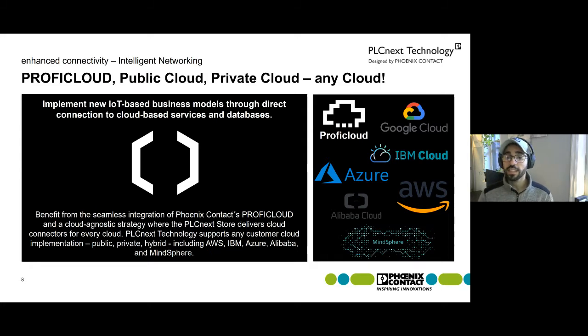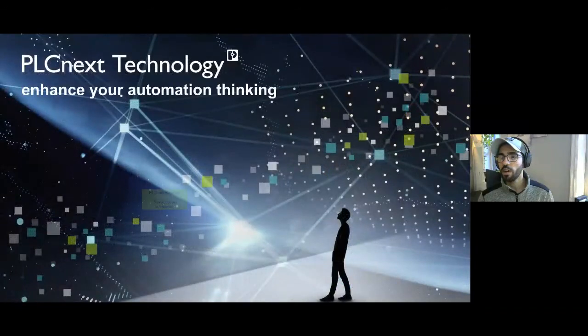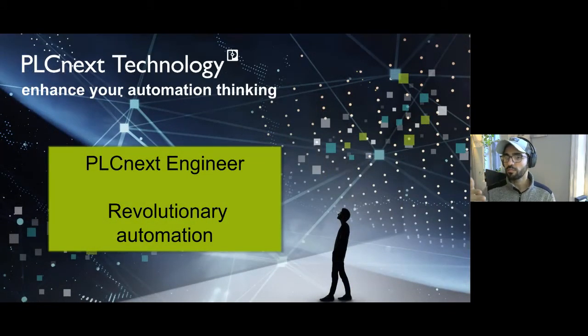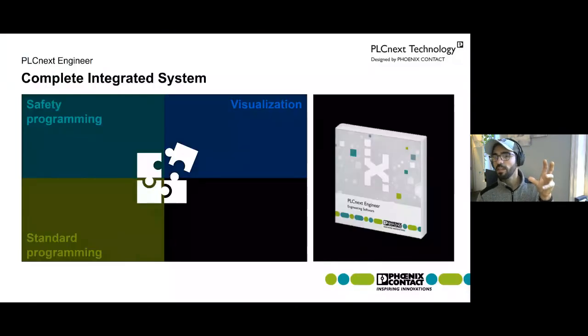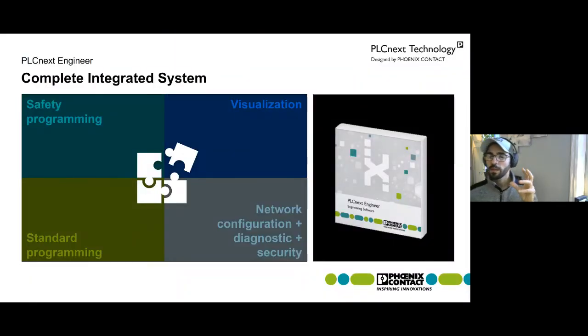In the next slide, I'm also going to talk about this revolutionary automation. It comes from the PLCnext runtime, an application that runs on Linux and allows the PLC to prioritize what's important.